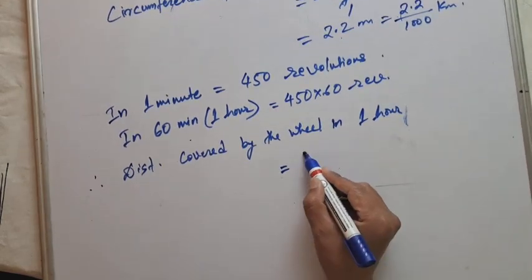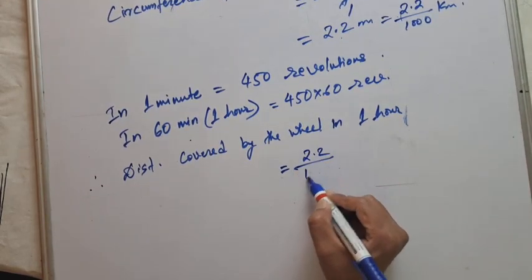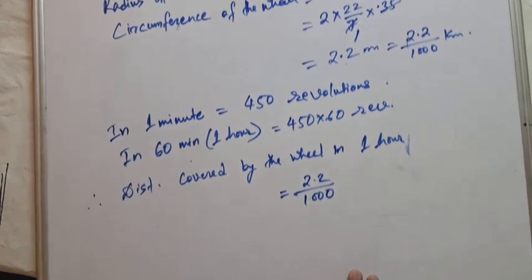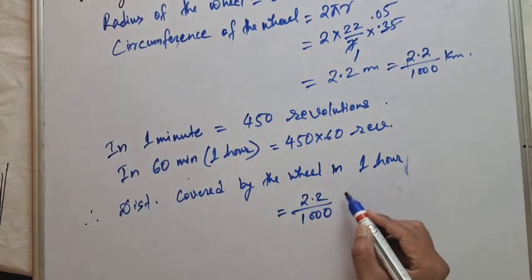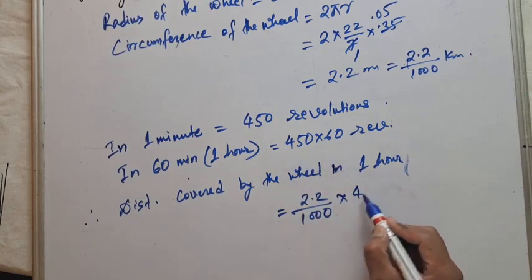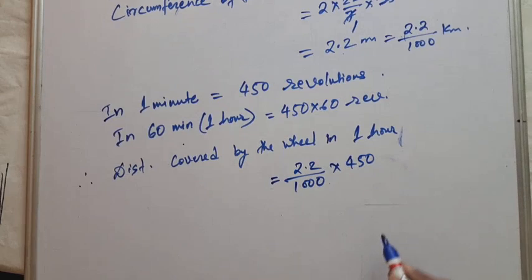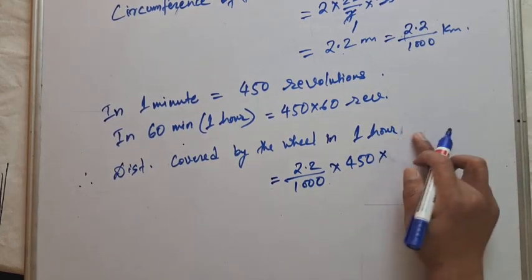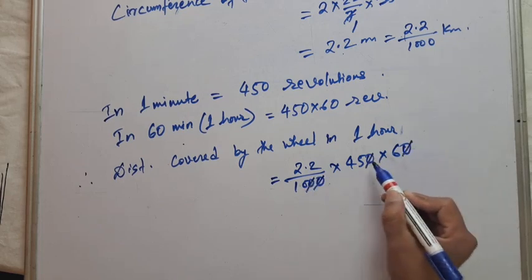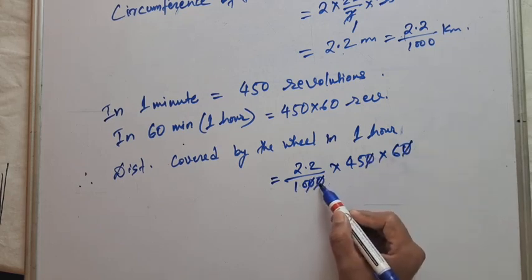So in 450 revolutions, into 450 into 60, let's cancel the zeros: 2 zeros from the numerator and 2 zeros from the denominator, isn't it?